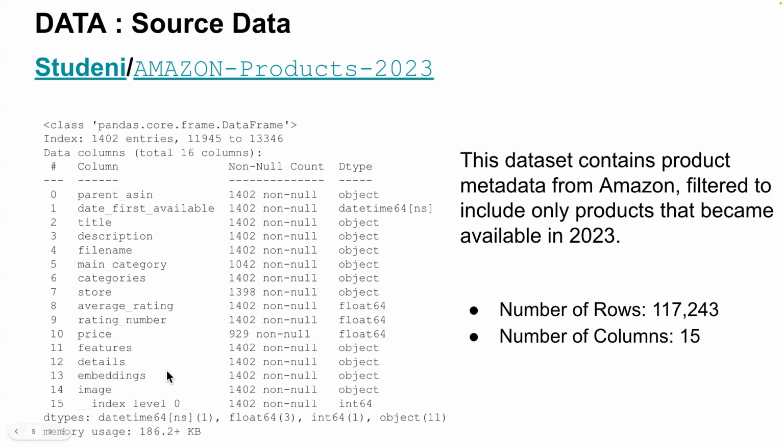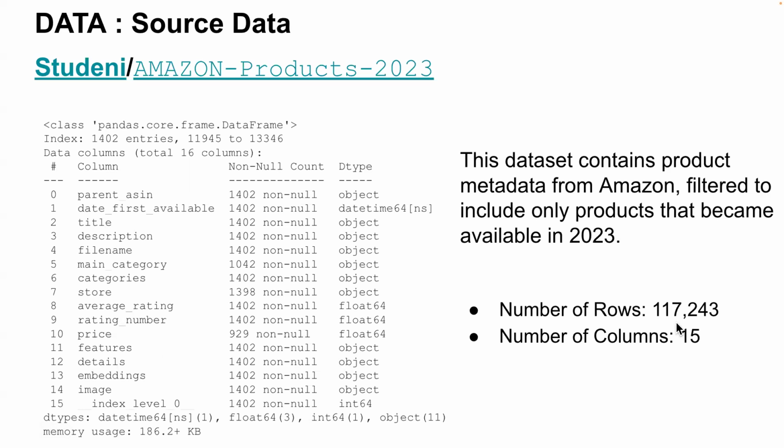For example, column 2 has the title of the product, column 3 has some detailed description, and column 4 represents the category of the product. There are a few more pieces of information like store, average rating, price, features, details, and also image.